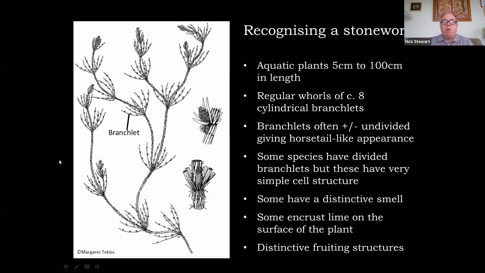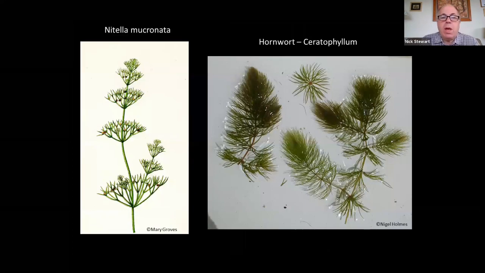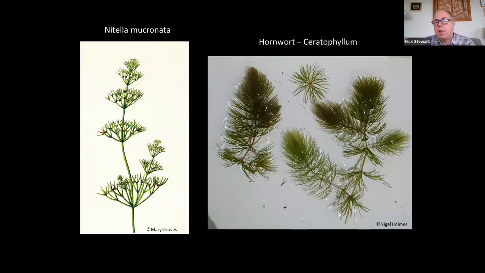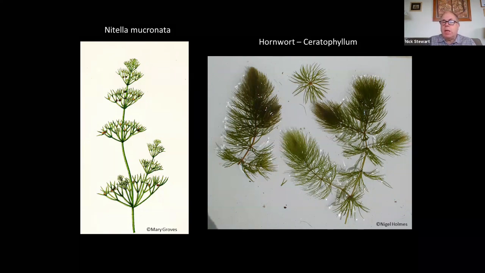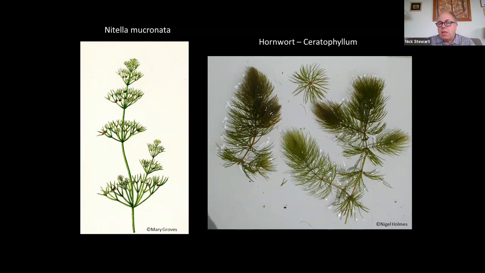In terms of things you might confuse it with, probably the thing that most often comes up is hornwort. You can see that there is a general similarity in appearance, in that these two have leaves in whorls, and you can see that they're forked, particularly in the Nitellas.